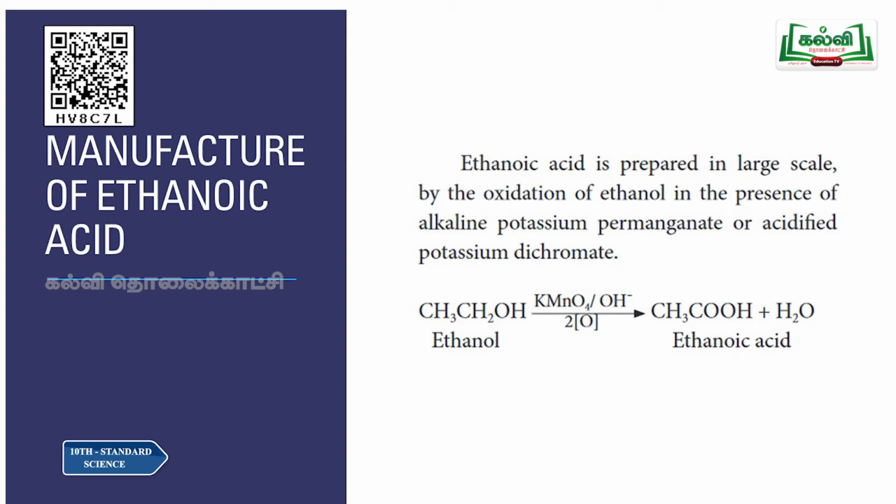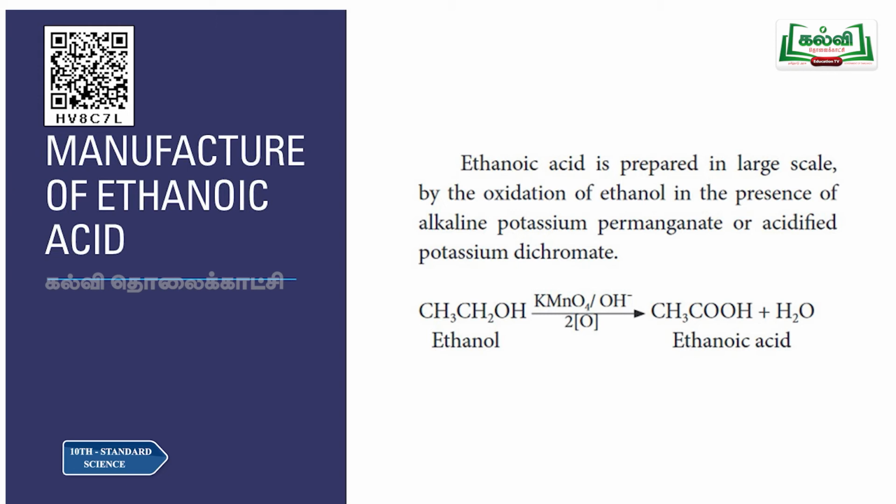The preparation of ethanoic acid is from ethanol. When ethanol is made to undergo oxidation in the presence of either alkaline potassium permanganate or acidified potassium dichromate, then ethanoic acid is produced. So it is a one-step preparation.